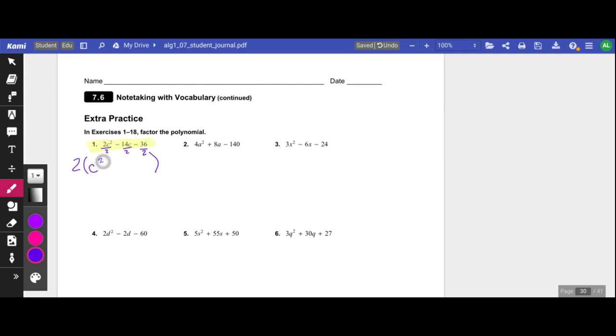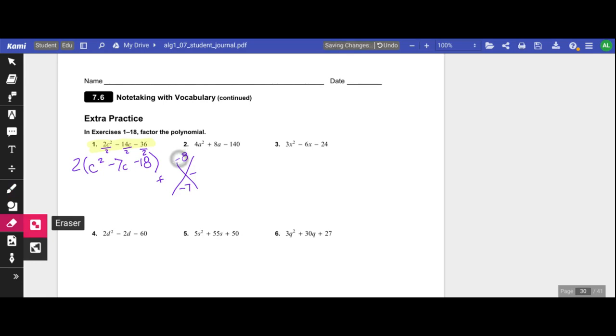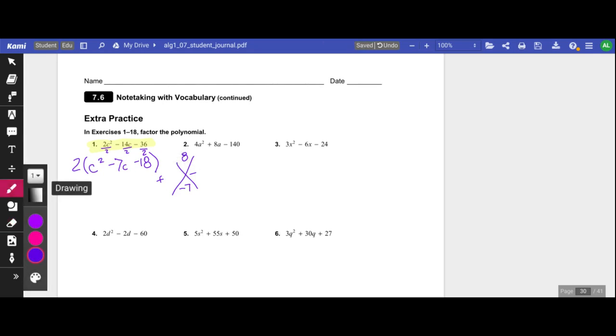Okay, so I'm just left with c squared minus 7c minus 18. Right, and I would think of, okay, what are my factors of negative 7? Now I've got a normal trinomial I can just factor. My factors of negative 18 that add up to negative 7. I said that backwards. Okay, so my factors of negative 18. So now I have one positive and one negative because I want it to multiply to negative 18.